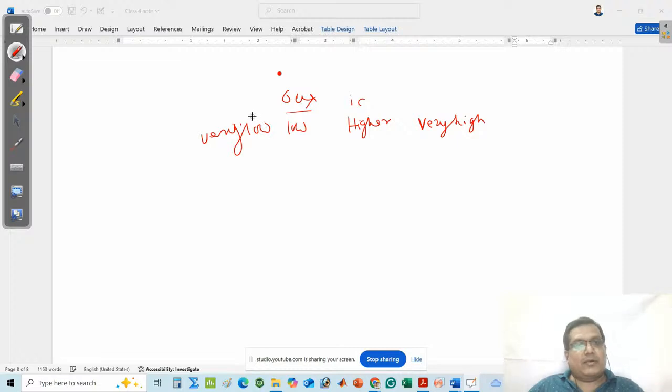If a compound has a central atom with a very low oxidation state, then think about hypo. Suppose more higher oxidation, that is said to be per. Take an example. What is the name of this? Cl minus.